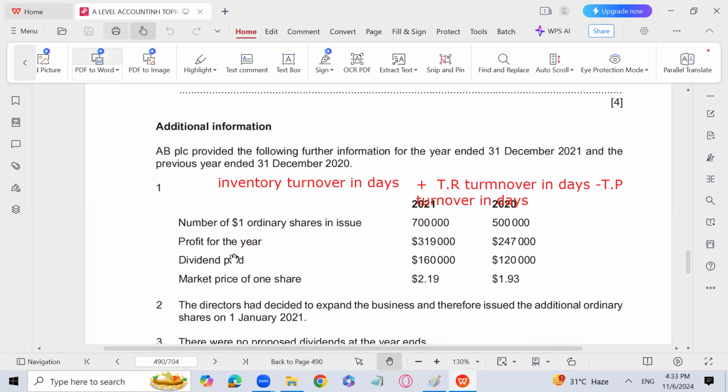So let's see. Profit for the year is given, 3,19,000. That's quite easy for you. And number of ordinary shares is 7 lakh, $1 each.